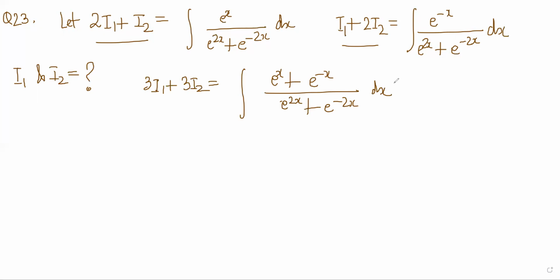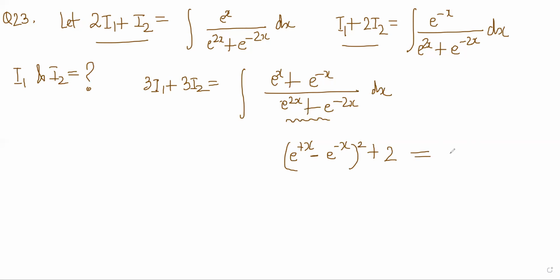So here, this part can be written as the denominator is basically e power x minus e power minus x whole square plus 2, right?